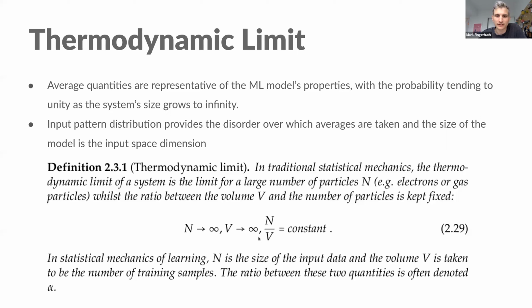We're making sure that this ratio stays constant, but depending on the paper and the approach, there are often other types of ratios and quantities that we want to keep constant as we approach this thermodynamic limit.